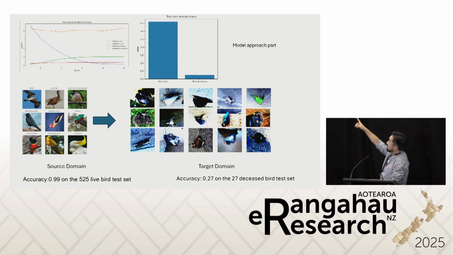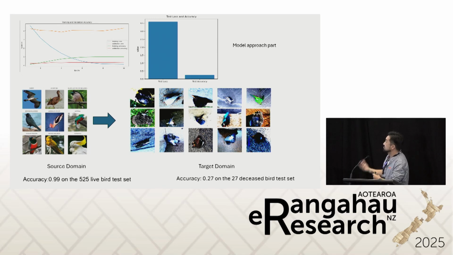That's an example of the model's performance. You can see the test loss is very high, the model is not converging, and it shows a clear pattern of overfitting.